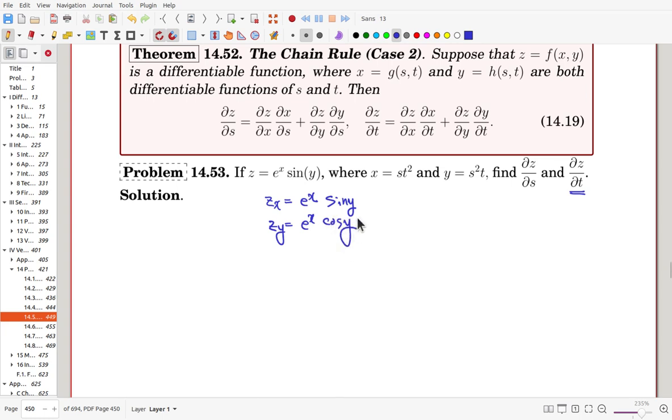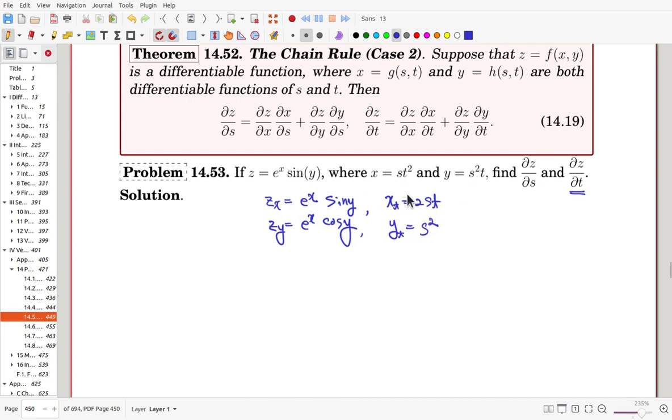Now we have to get the x t derivative and the y t derivative. So the x t derivative equals here 2st, and the y t derivative is now s squared.